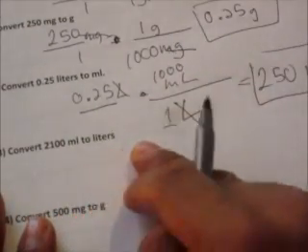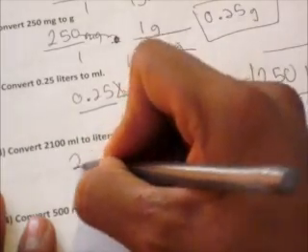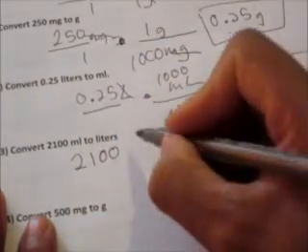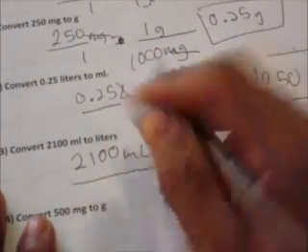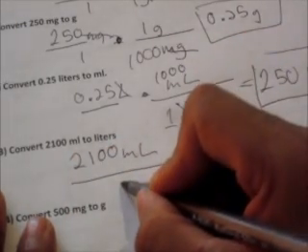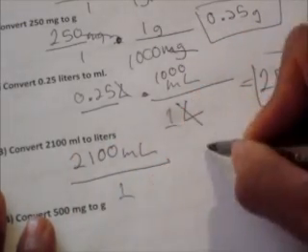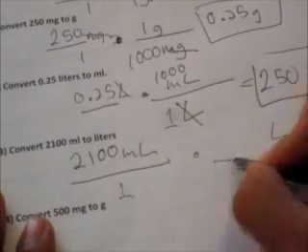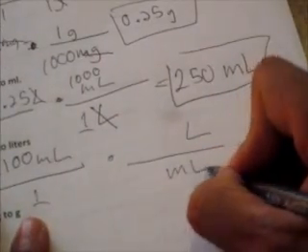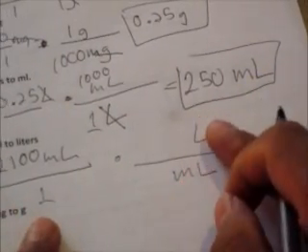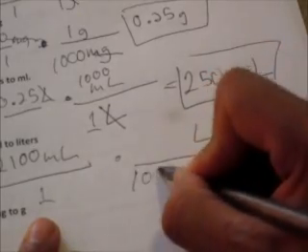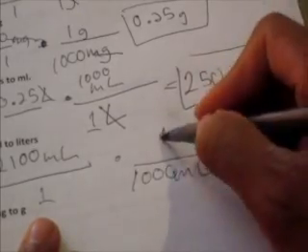2,100 milliliters to liters. So let's draw that out. 2,100 milliliters. And I misrepresented that wrong, and I'm sorry. And over 1. And we want to convert it into liters. So liters over milliliters. How many milliliters are in 1 liter? If you check your chart once again, you get 1,000 milliliters per liter.